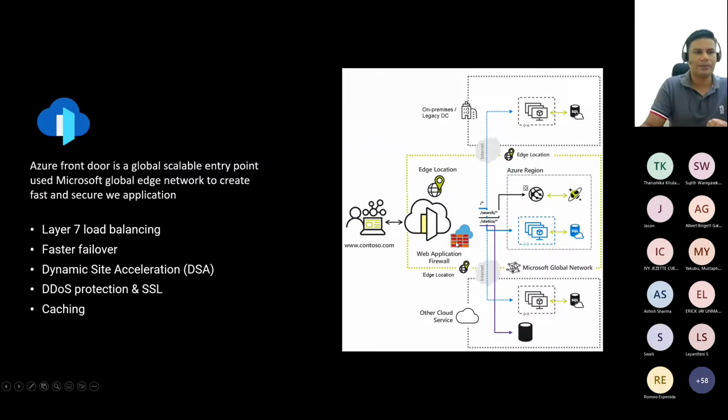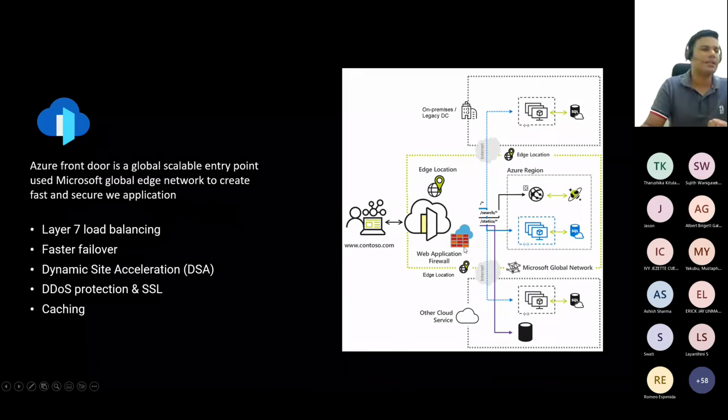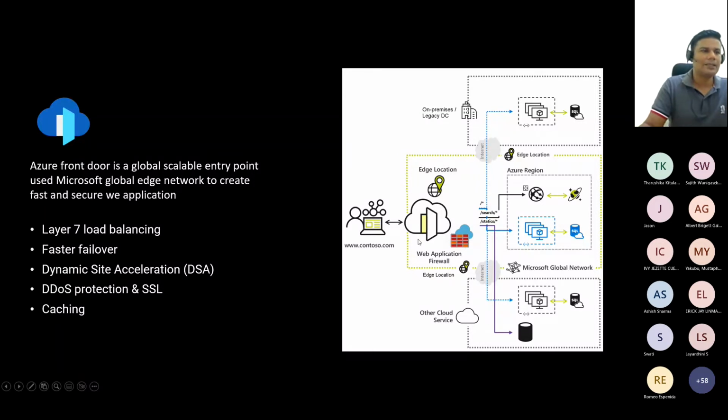Within that, for Front Door, you can set up this DoS protection. Let's say whenever your application gets abnormal requests, we can redirect to another app service, or send the bad requests somewhere else. So this DoS protection is built into Azure Front Door.